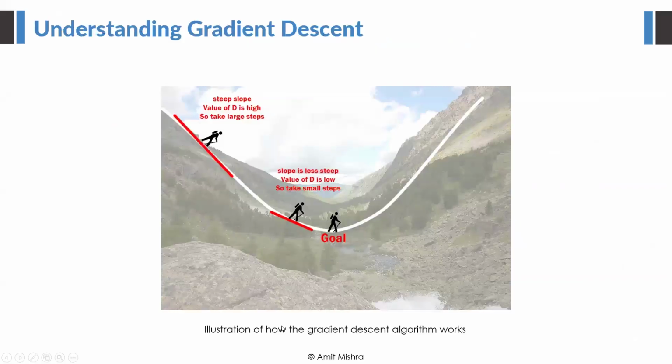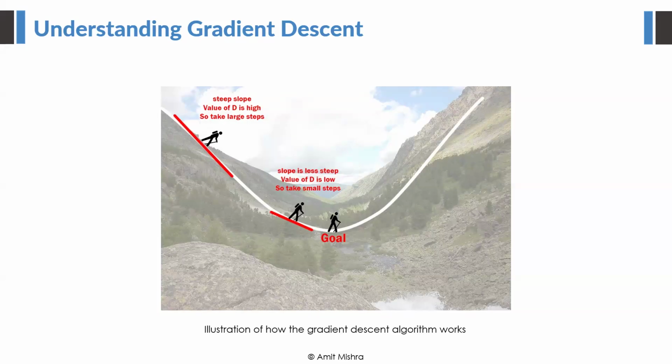Just take a simple analogy. Gradient descent works in a similar manner to the movement of a human being going downward towards the bottom of the mountain surface.